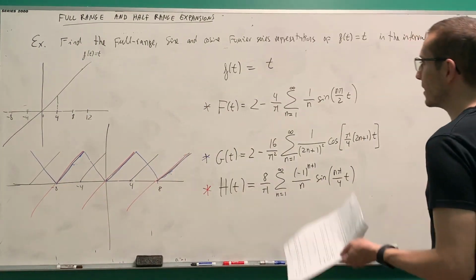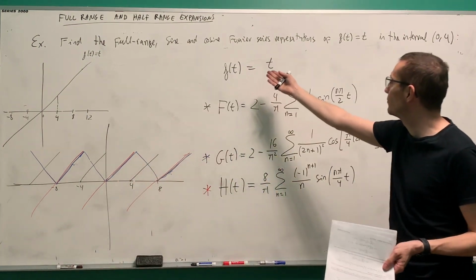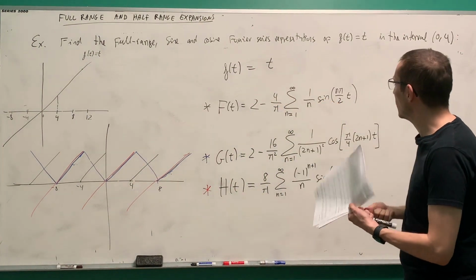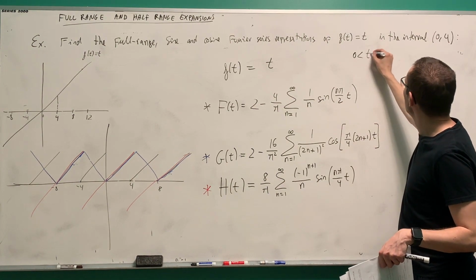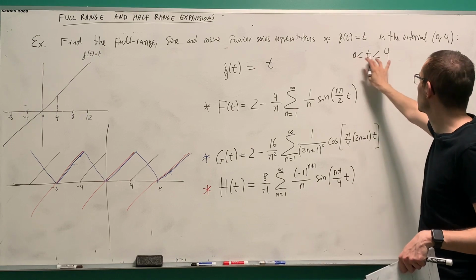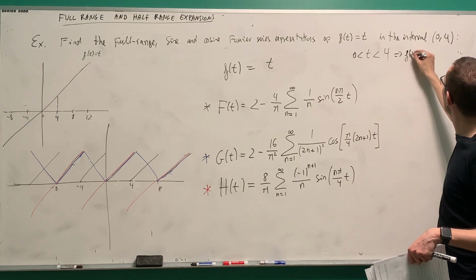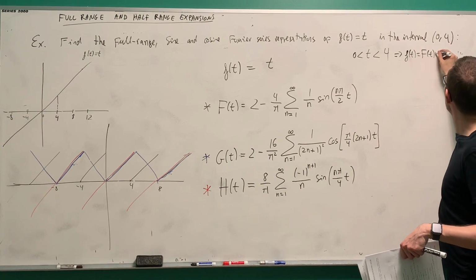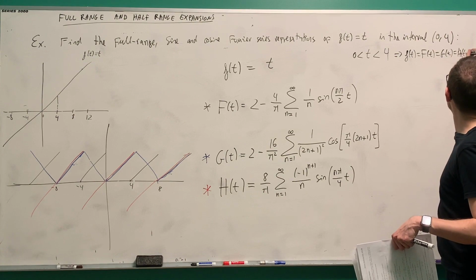And you can see that the three of them coincide in the interval from 0 to 4 and coincide with f of t. So in the interval 0 less or equal than t less than 4, small f of t is equal to capital F of t, equal to capital G of t, equal to capital H of t.